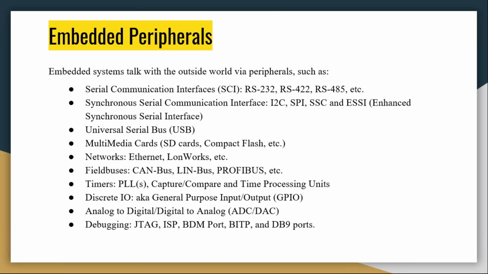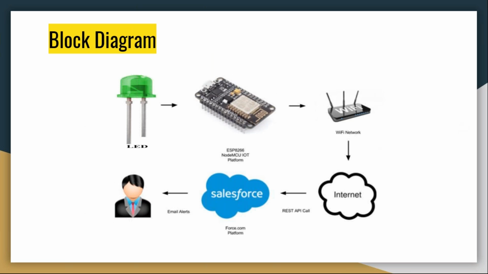Now comes the next slide. Here you can see a block diagram of our project. Here we have mainly two devices. One is an LED and the second one is the ESP8266, which plays the role of a microcontroller, where we have to control our LED from a Wi-Fi router.